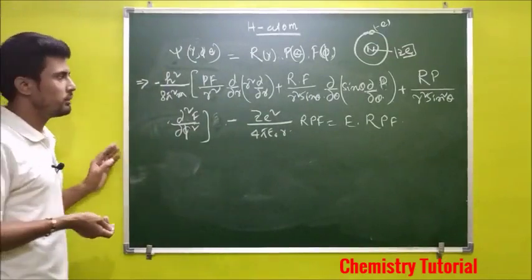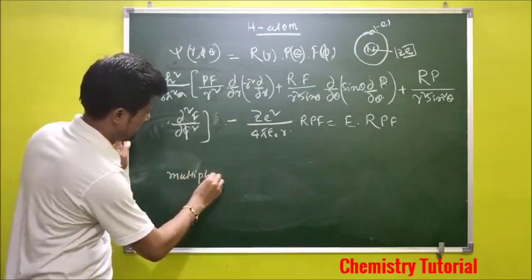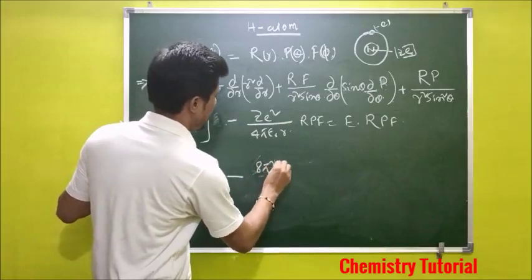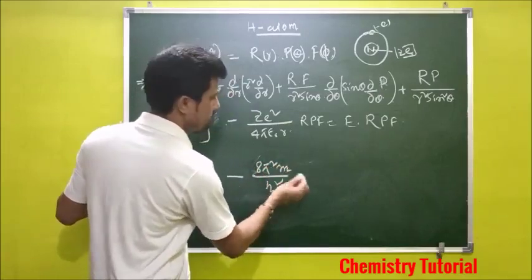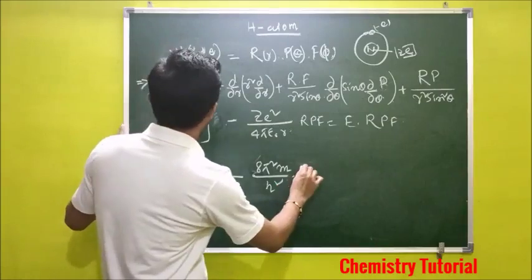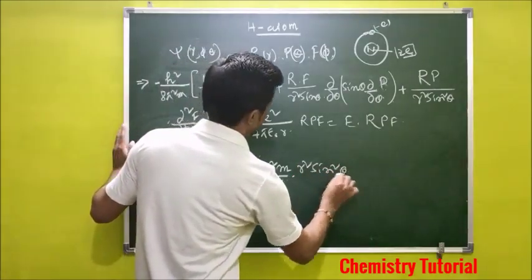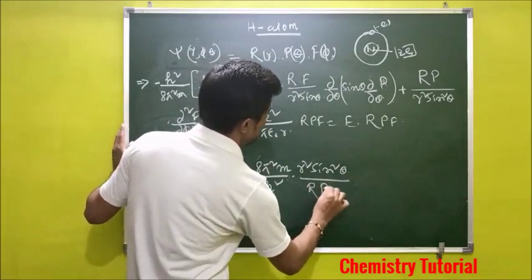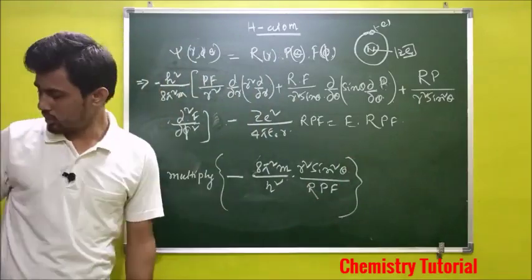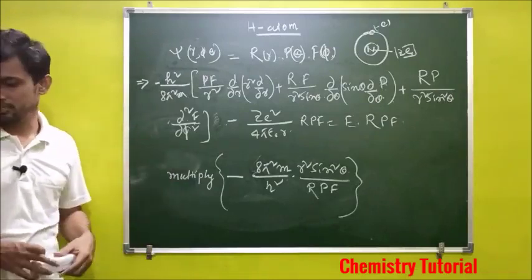Now you multiply this equation by minus of 8 pi square m divided by h square, okay, into R square sin square theta, divided by R P. If we divide the above equation by this term, then it will become, I am writing this equation directly since there is no space to write here.